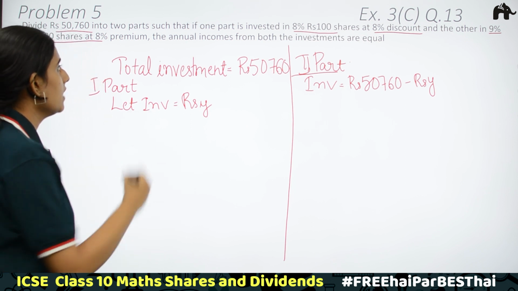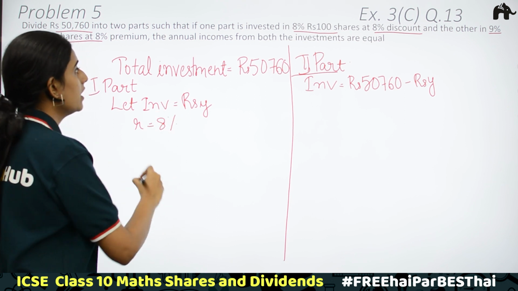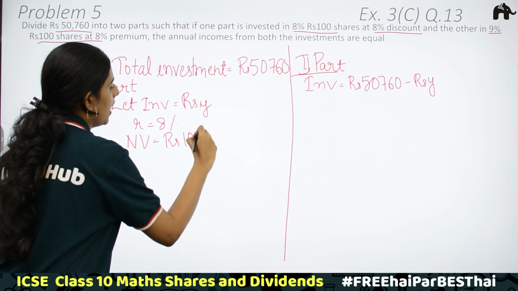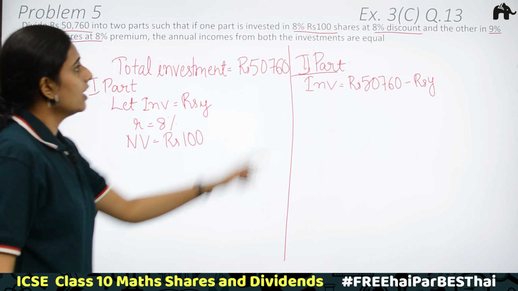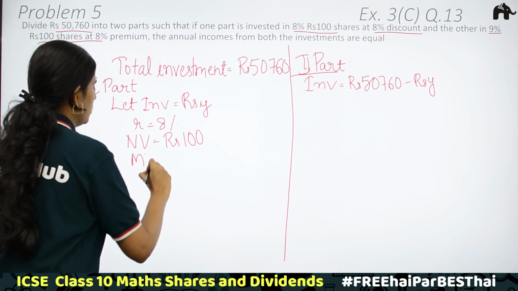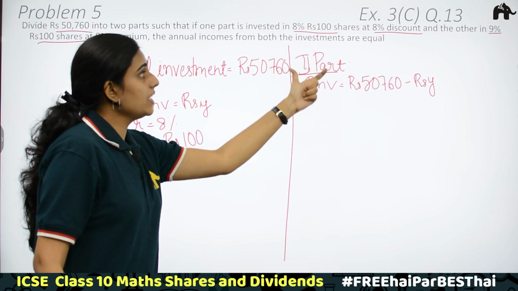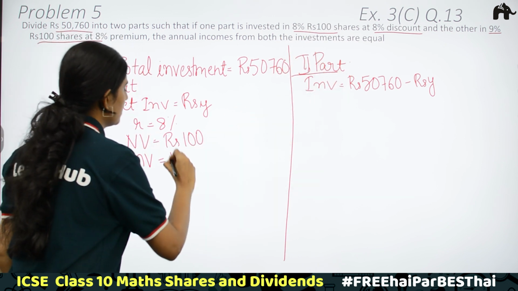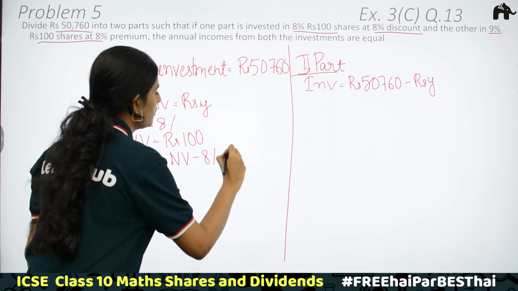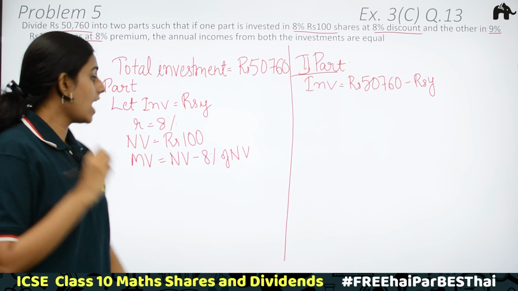For the first part, we have the rate of dividend R is equal to 8%. Nominal value is given, that is rupees 100. At 8% discount, which means we can find the market value. Market value is equal to nominal value minus 8% of nominal value. Here we have nominal value is rupees 100.